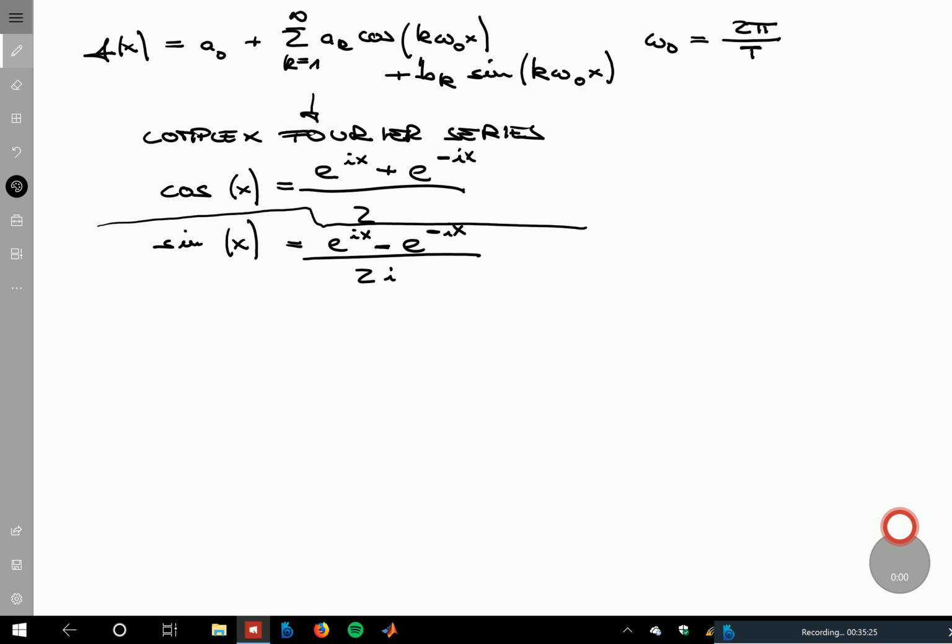The only thing that happens here is that you solve the Euler formula for the cosine or the sine. That is not completely easy to see, but it can be seen after some time. I'm running out of time.